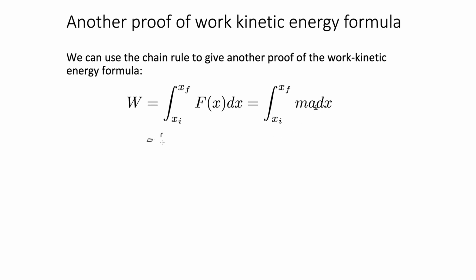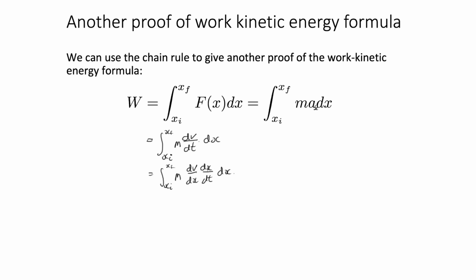So now I can write that as, going from x initial to x final, m dv/dt times dx. But using the chain rule, this is the same as the integral from xi to xf of m dv/dx times dx/dt times dx.